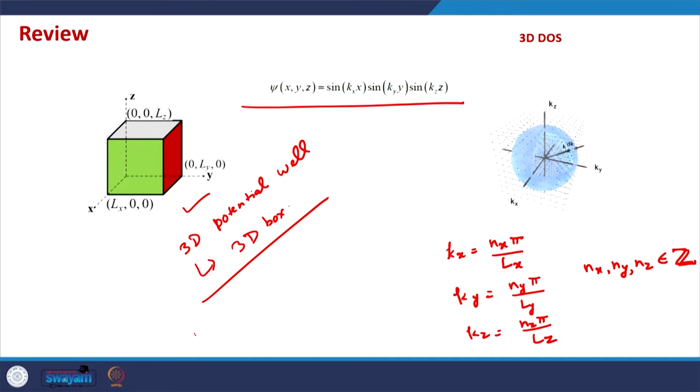And density of states is essentially the number of allowed electronic states, which means we need to calculate the number of allowed electronic states in the material.